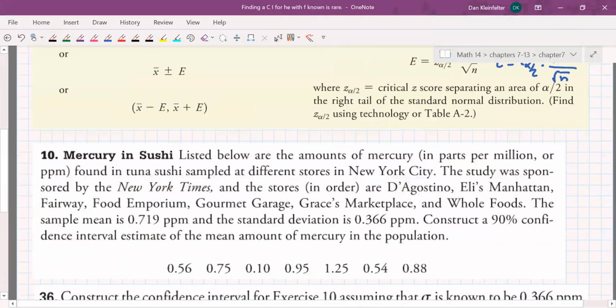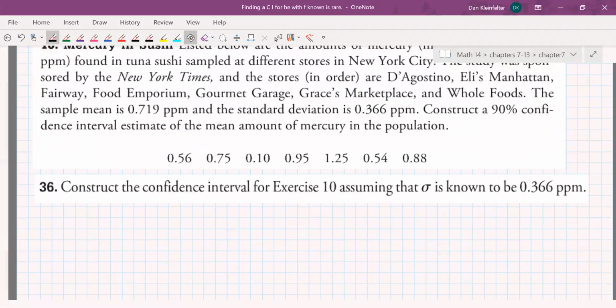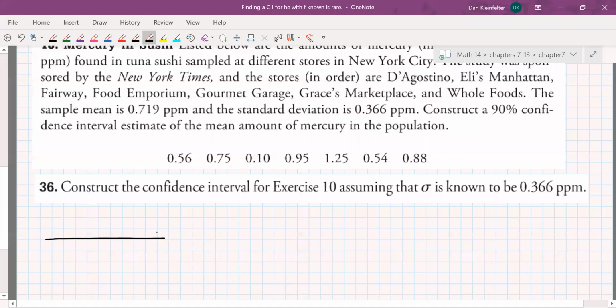So let's try. This is basically back to the same sushi problem again. And all the values are the same here. The only difference here is that we're going to assume that the sigma is known to be 3.6 parts per million. So where we'll start as before is going to be with our picture.